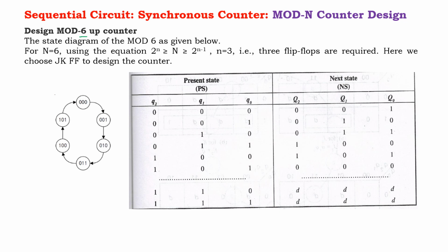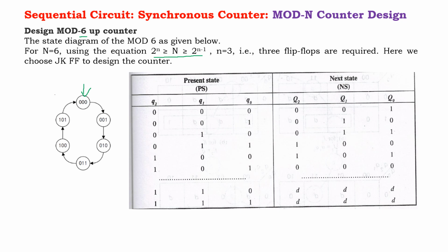So 000 is the initial state, then it counts 0 1 2 3 4 5, then again goes to 0. This 6 signifies that mod is equal to 6, so small n should be 3 according to the equation. So 3 flip-flops are required.